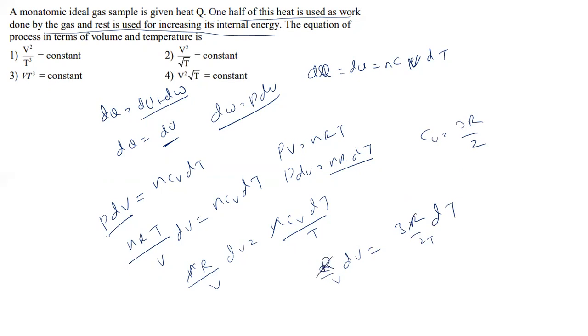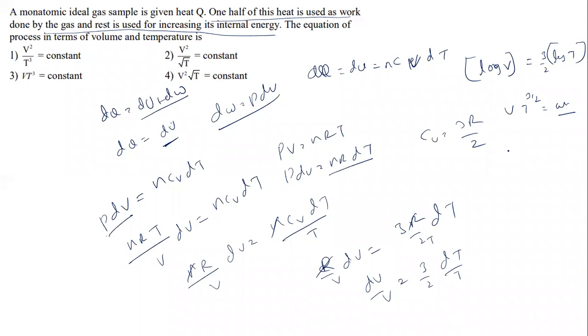Then what do you get? dV by V is equal to 3 by 2 dT by T. So integrate, what do you get? Log V is equal to 3 by 2 log T. Substitute this, what do you get? V T power minus 3 by 2 is equal to constant, we will get, right?